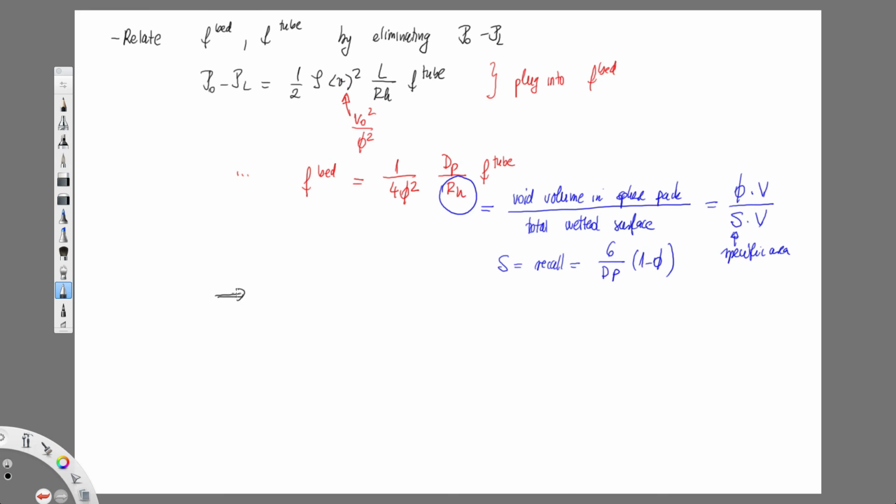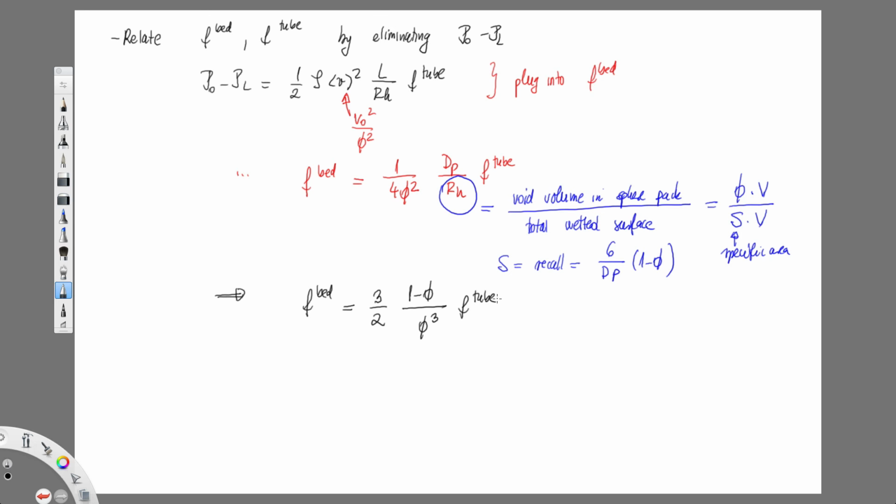I'm going to get a final relationship for F bed. So basically, this definition for my friction factor for a bed that I basically threw down on the paper, based on stuff that I can measure for this flow, seems to be related like this to this average friction factor for a tube.